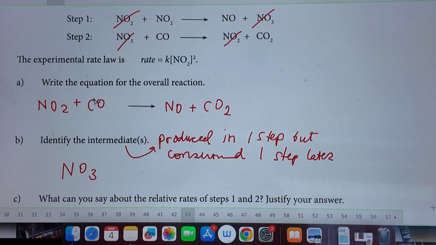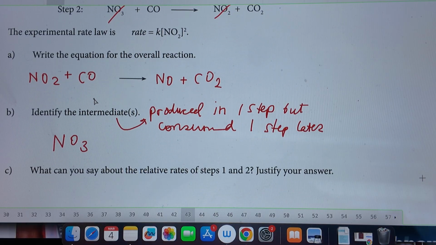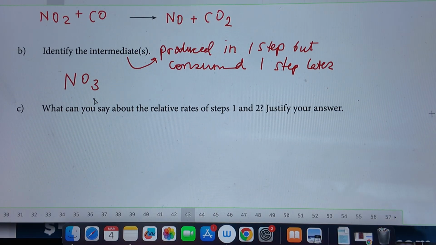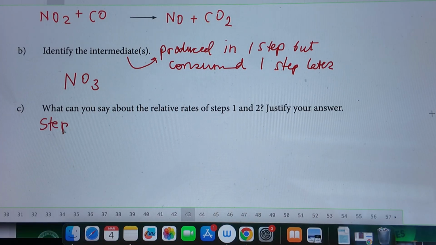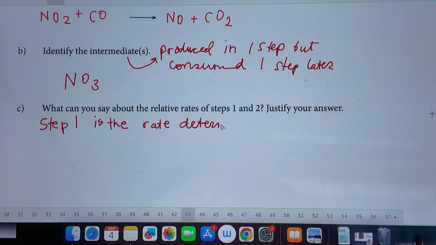So I would say step 1 is the rate determining step, because it kind of determines what can happen.